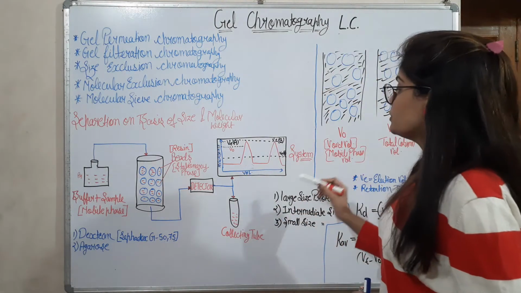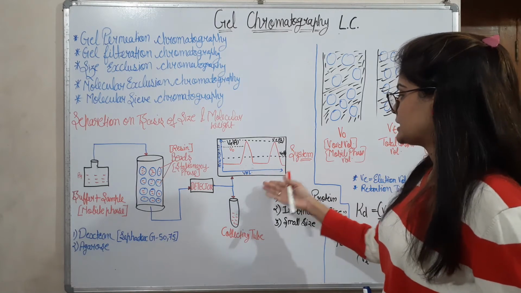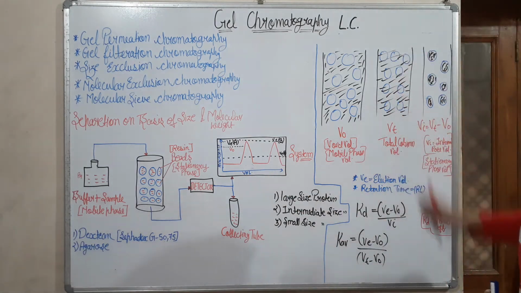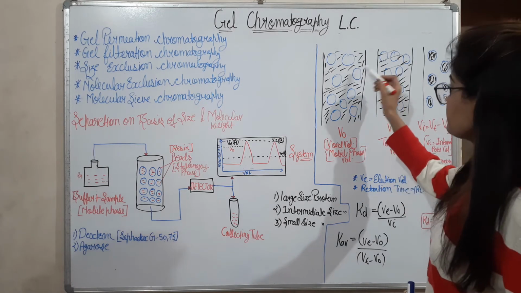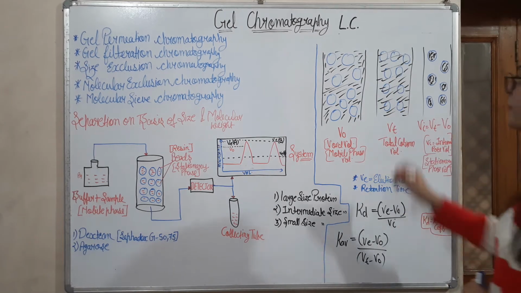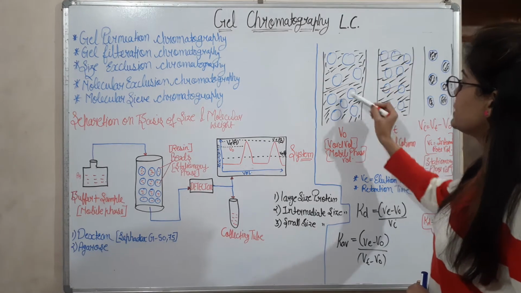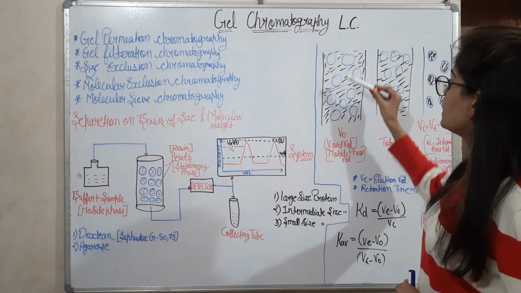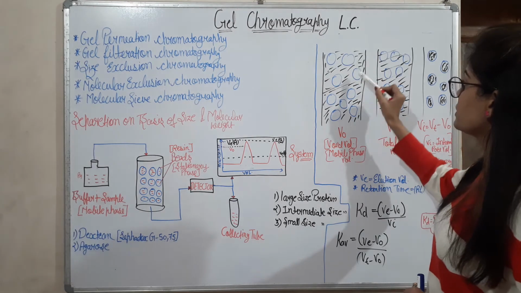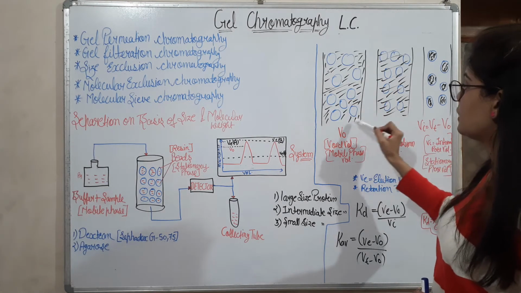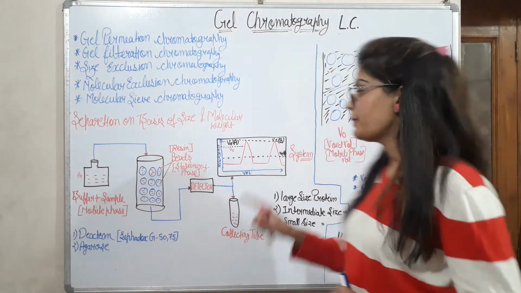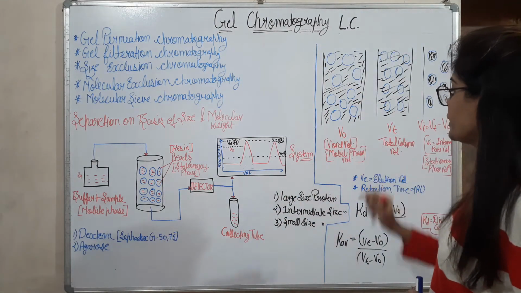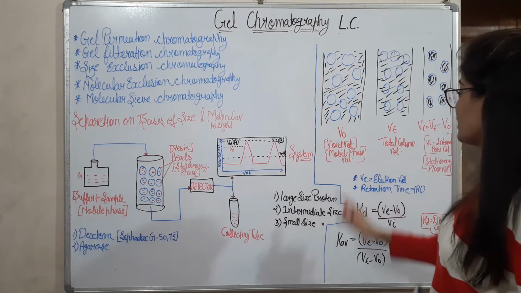Before further understanding it, look here, this is in detail. Here there are three columns shown. These beads are the stationary phase. Except for this stationary phase, the black dots present are the mobile phase. This mobile phase volume is known as VO, void volume, or we can say mobile phase volume.